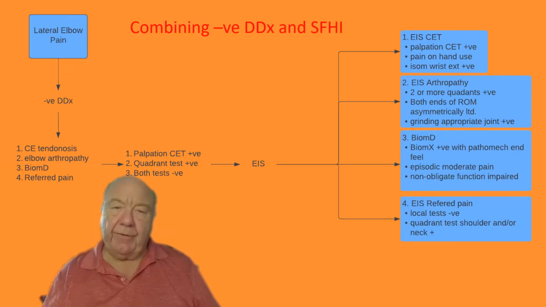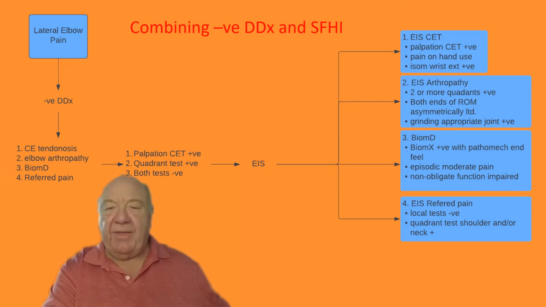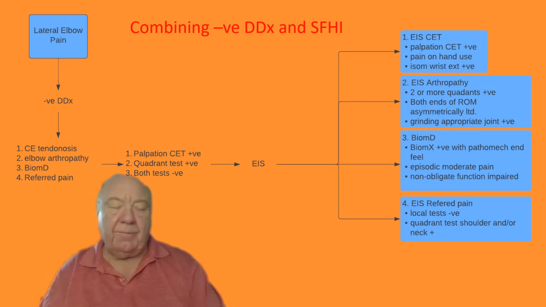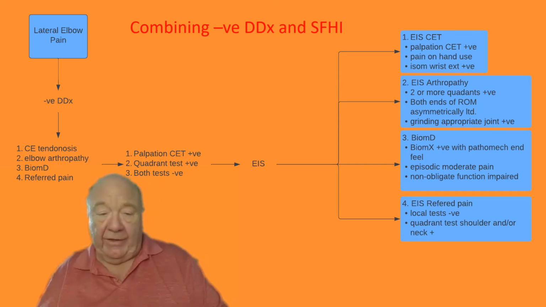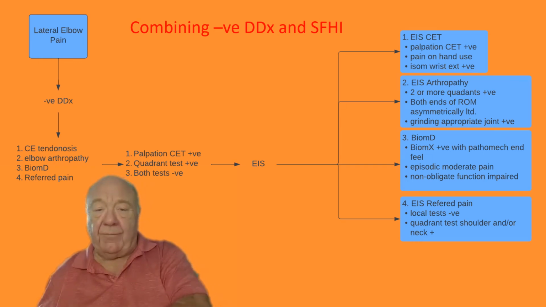Up until very recently, I've been using script-focused hypothetico-deductive inference as what I teach as the main method of clinical reasoning for diagnosis. Very recently, though, I've been giving thought to combining both negative differential diagnosis and script-focused hypothetico-deductive inference.